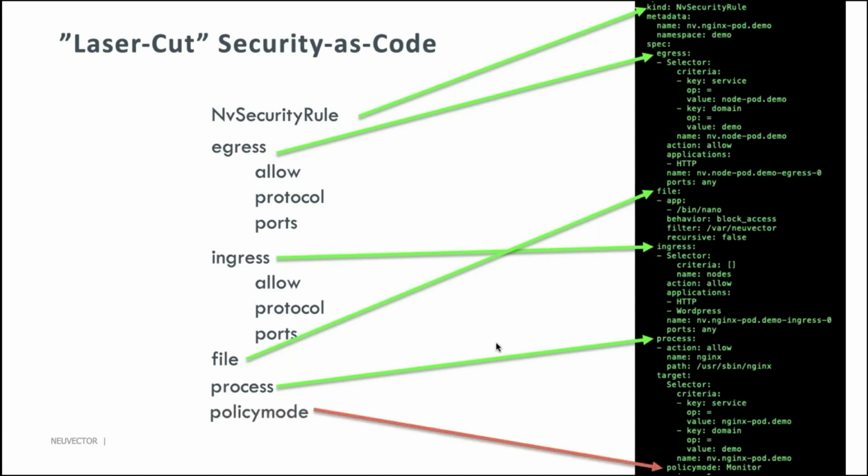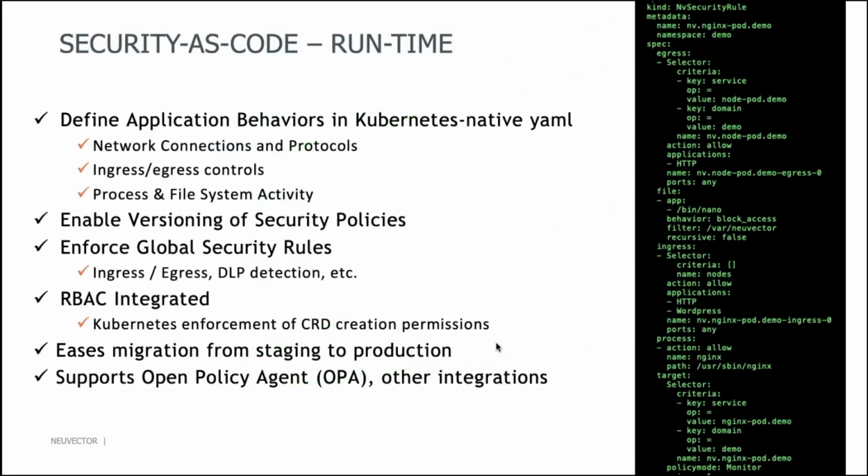And then finally, you can run in different modes. A monitor mode would just allow those violations, but alert you, and a protect mode would actually block those, as you saw with Selvam. So we're able to really capture all of the application behavior. We're able to check it in and version it.